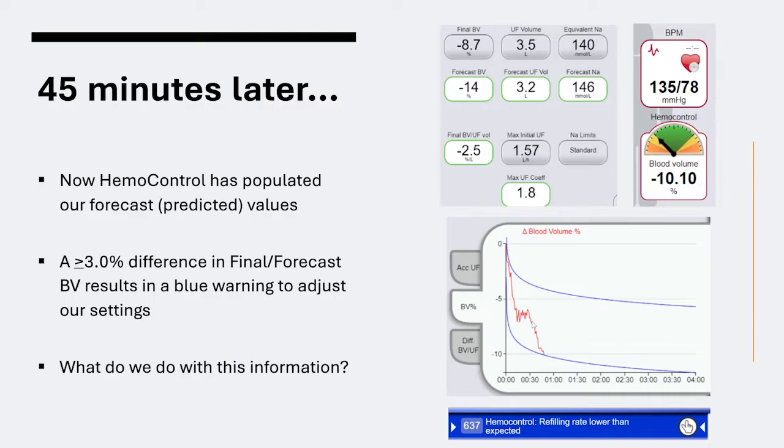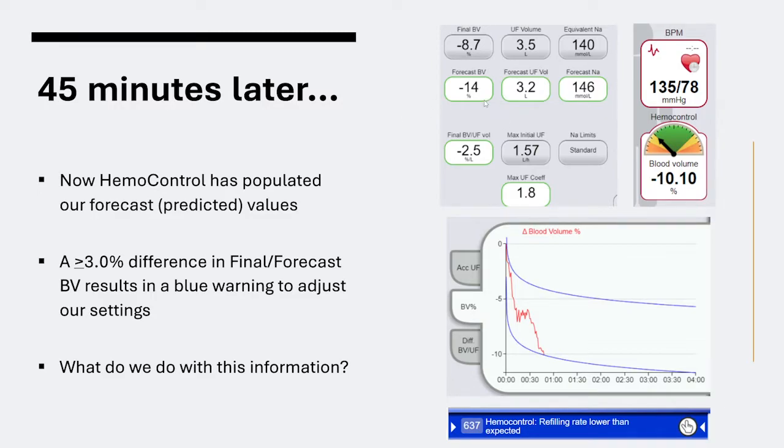So because it's trending towards the bottom, what the machine is doing is it's giving the patient breaks, and it's also administering sodium to the dialysate to try and support their blood pressure and bring their blood volume back up to the area that we've told it to expect. Because the machine is still trying to get them here, but it's saying, nah, they're going to end up quite a bit lower based on what I'm seeing. So it's leading to a lower accumulated UF and a higher sodium value.